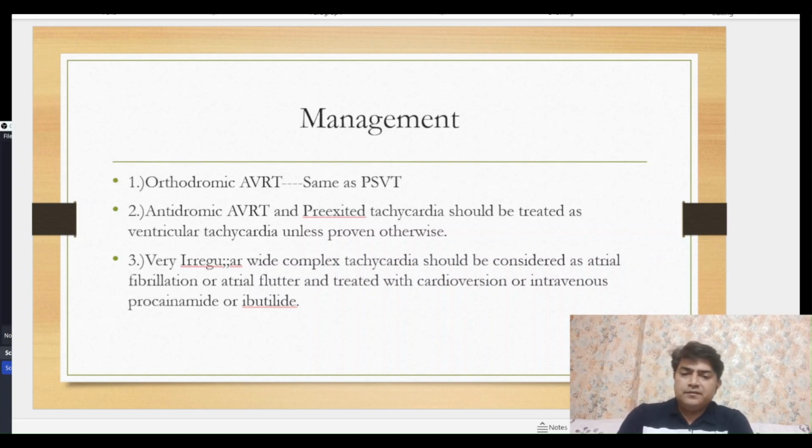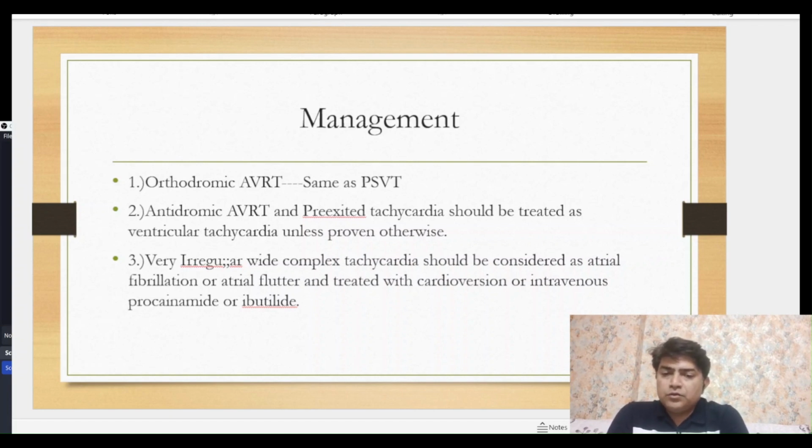Now to summarize, you must know the concept of accessory pathway and these three pathophysiologies which I have shown.